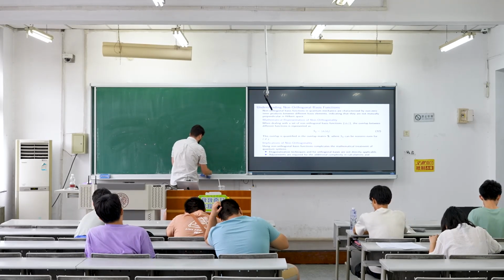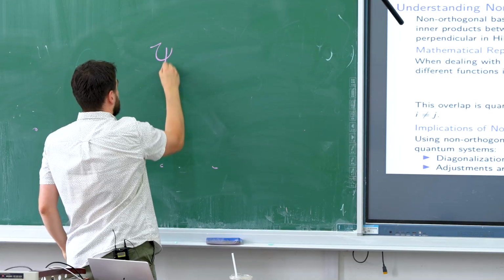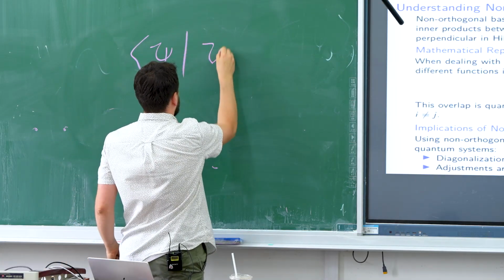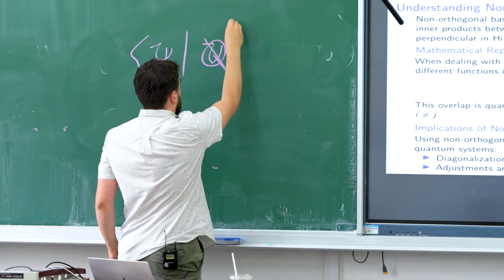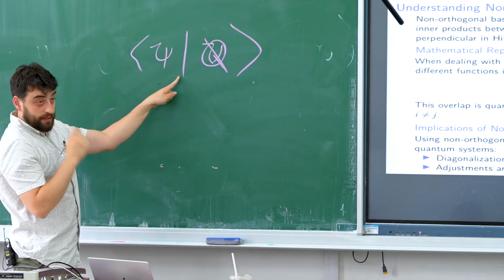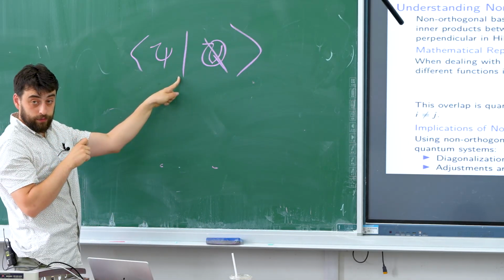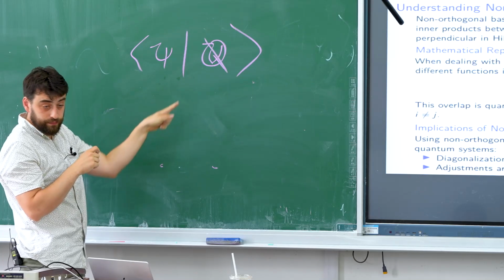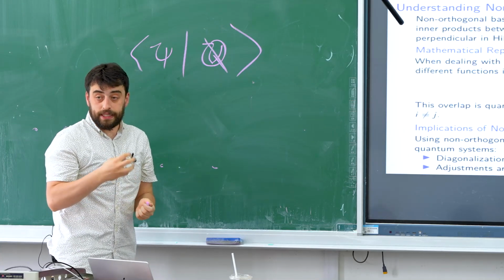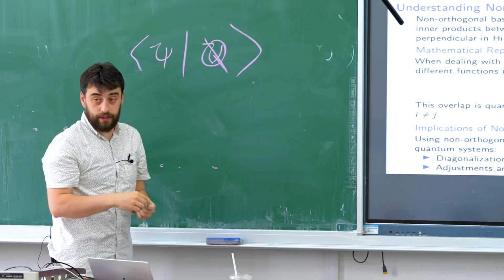Okay, so if I take a dot product or an inner product of a basis function with another basis function, what I expect is that it's orthogonal, so this is going to give me 0.